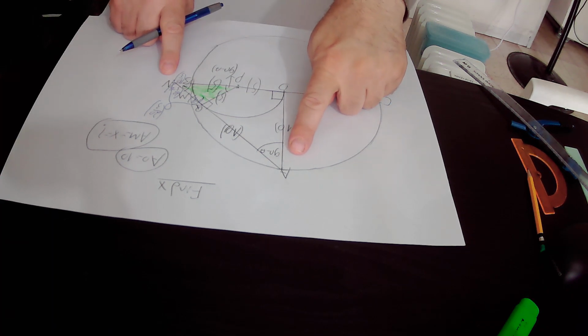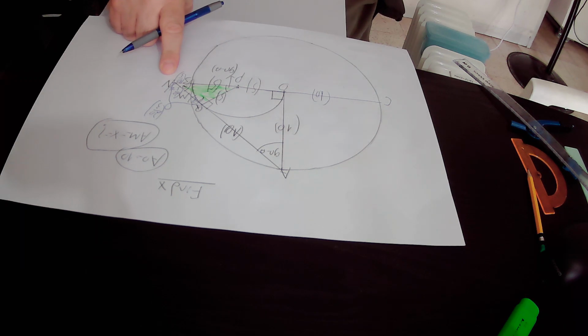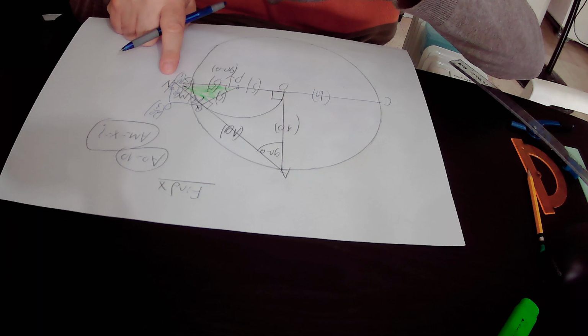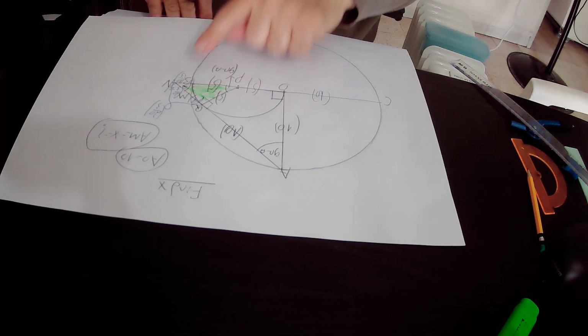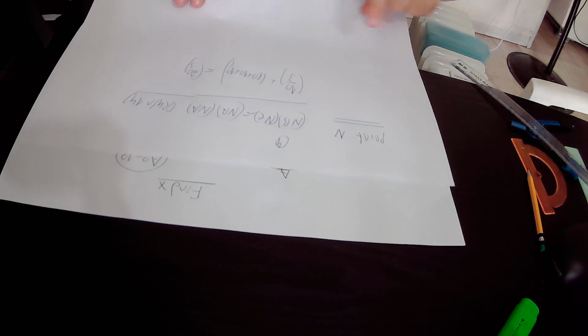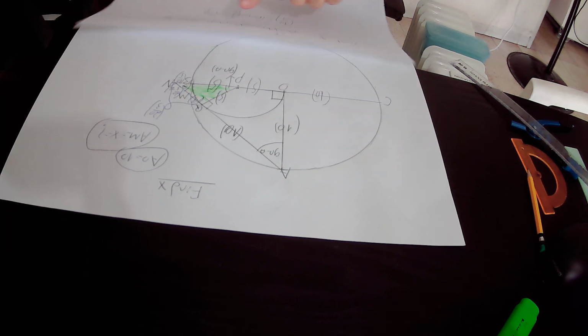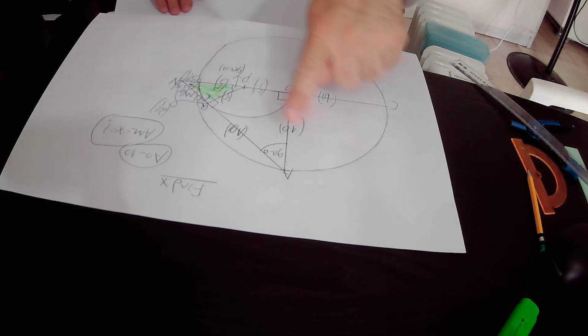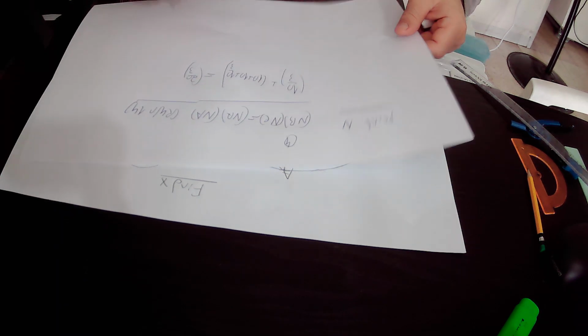NA actually equals NM. Repeat again. According to rule number 14, NB times NC equals NM times NA.